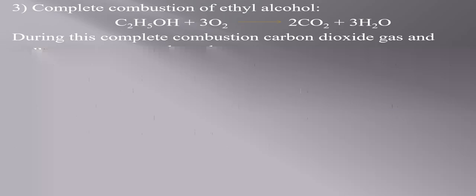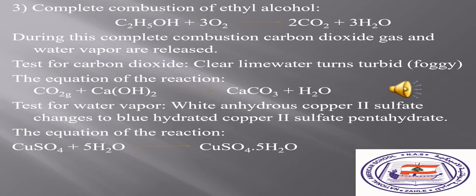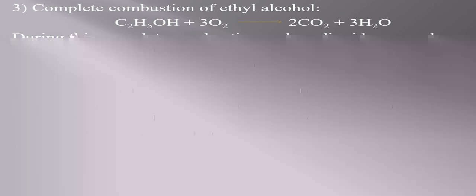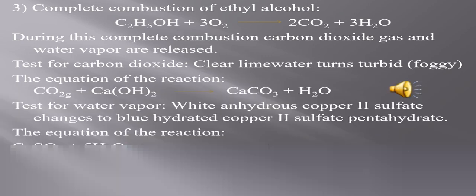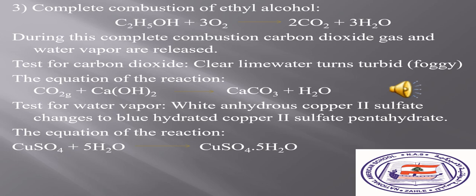Number 3, the complete combustion of ethyl alcohol. Ethyl alcohol is C2H5OH. It reacts with 3 molecules of O2 to produce 2 carbon dioxide molecules and 3 molecules of water vapor.